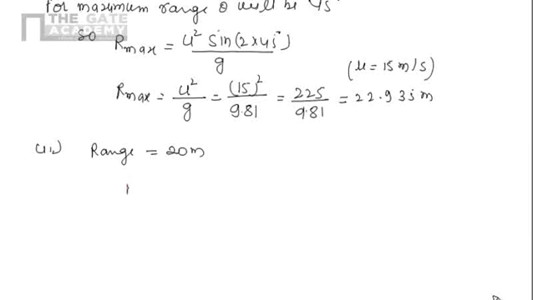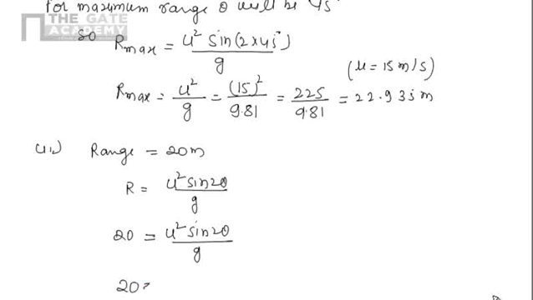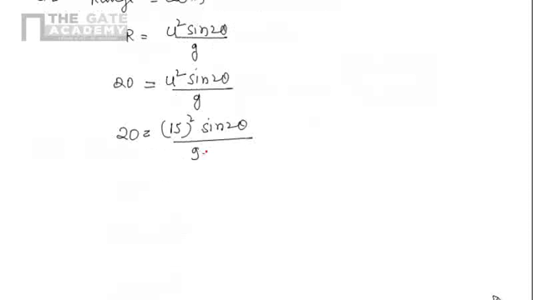In the second part of the problem, range is given, that is 20 meter. We know range equals u square sine 2 theta by g. Putting the value of range here, 20 equals u square sine 2 theta by g. We know the value of u, that is 15. So 15 square sine 2 theta over 9.81. So I can write sine 2 theta equals 20 into 9.81 divided by 225.